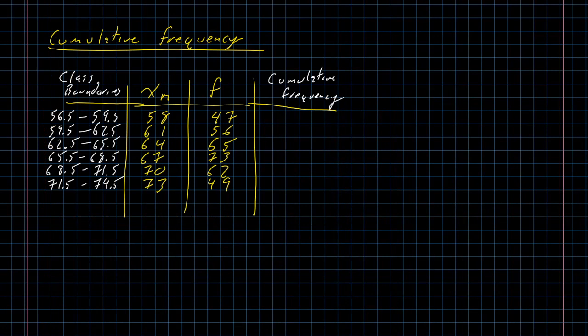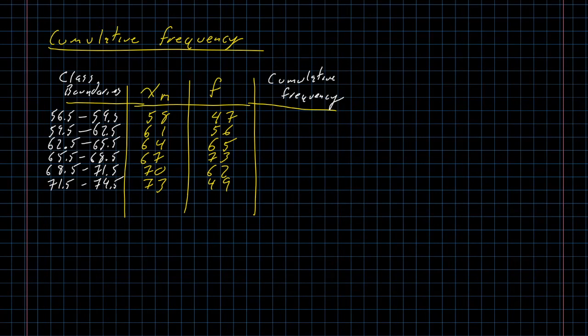So that our cumulative frequency table has this last column for cumulative frequency. Cumulative frequency asks you how many scores are there at or lower.